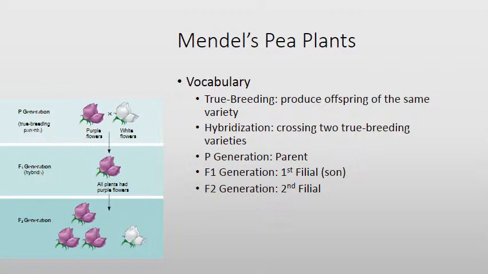Now he did this through the parent generation, which is the first generation. Then those flowers make the F1 generation. That flower made the F2 generation, and you can go on and on. So you can go to the F3 generation and so forth.